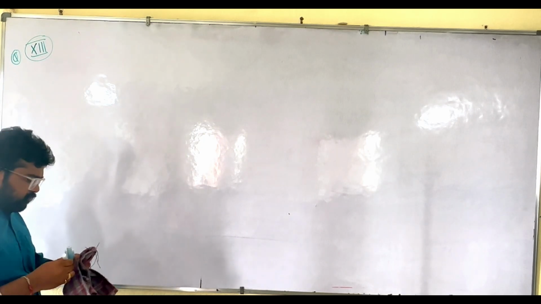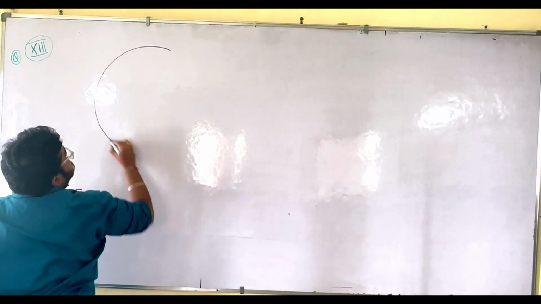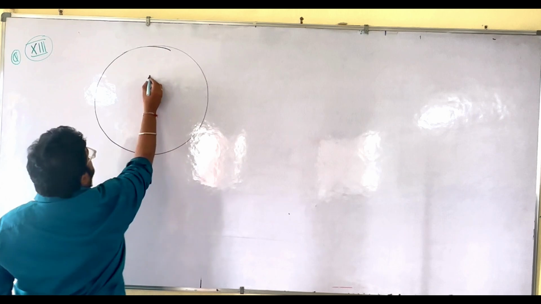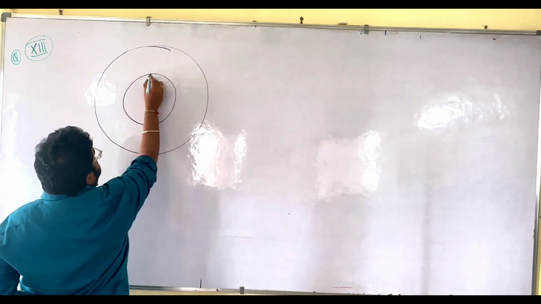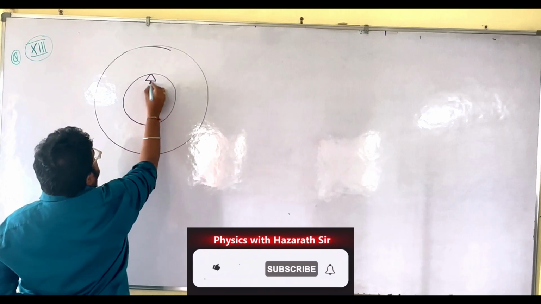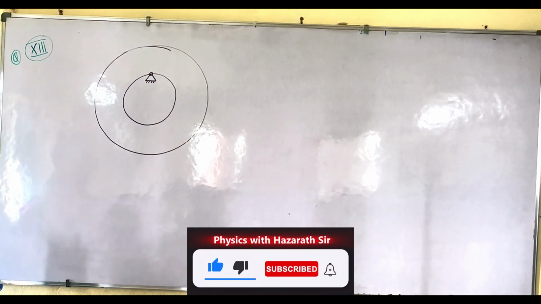Okay, so now I am focusing on the annular disc. Focus here. This is the annular disc, pivoted at this point. Pivoted, or hinge joint.